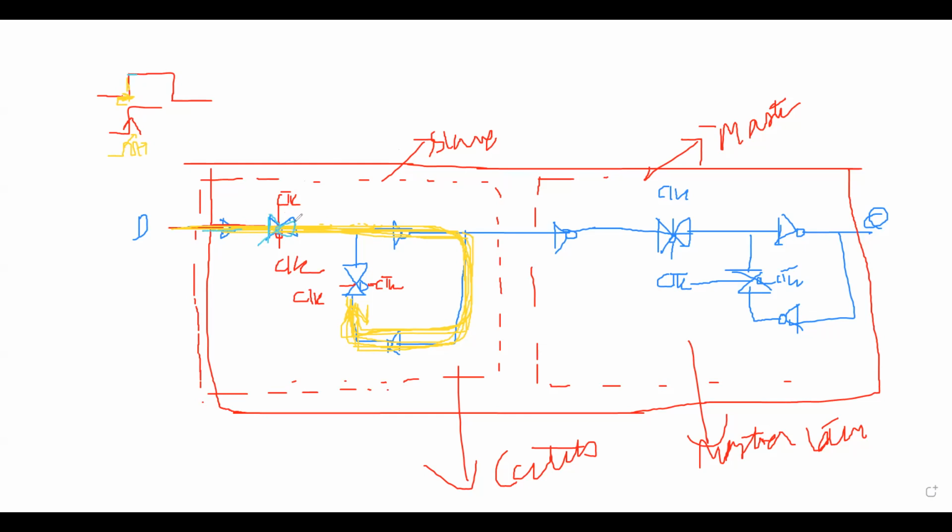The previous data which is being stored, this yellow one, is being transferred to the outside world. All this gate opens when the clock is 1. When the data is being transferred to the outer world, we need some time so that the data is properly transferred to the outer world. Otherwise, the data would not be properly transferred. That moment of time after the clock becomes 1 is the hold time.